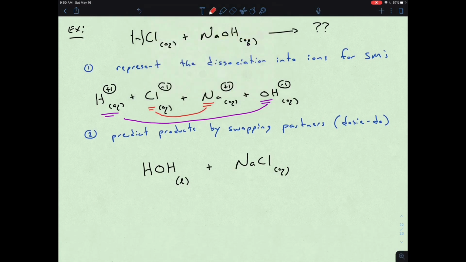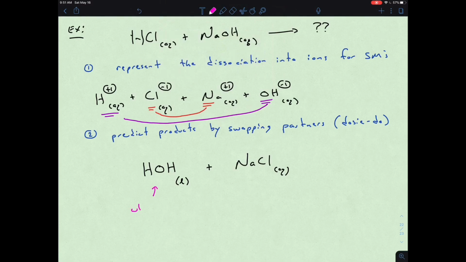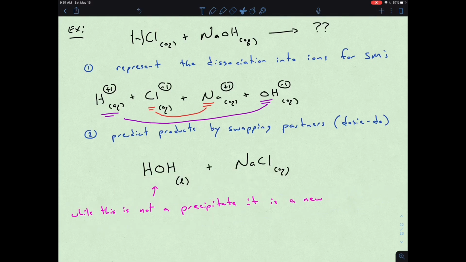And so while this is not a precipitate, it is a new molecule, right? We've generated a new molecule.